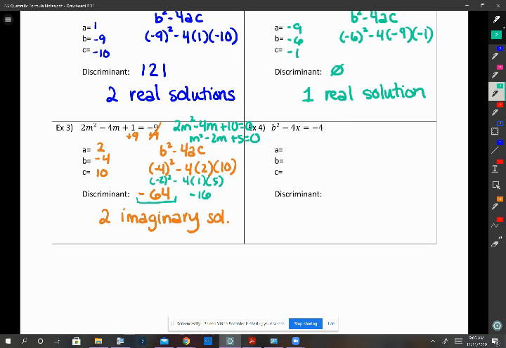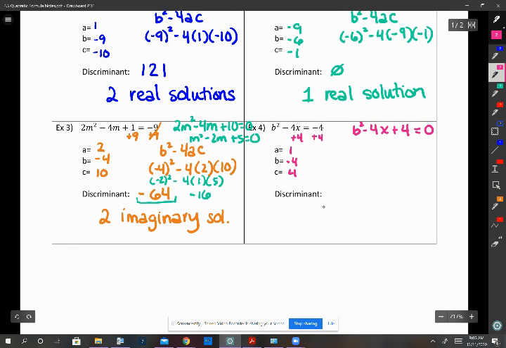When I look at example 4, notice that it's not in the right form, so I need to move the 4 over. Then you have x squared minus 4x plus 4 equals 0, and you always want to make sure you have it equal to 0 before you start. So a is 1, b is negative 4, c is 4, and then we plug it into b squared minus 4ac every single time. Negative 4 squared minus 4, a is 1, c is 4.